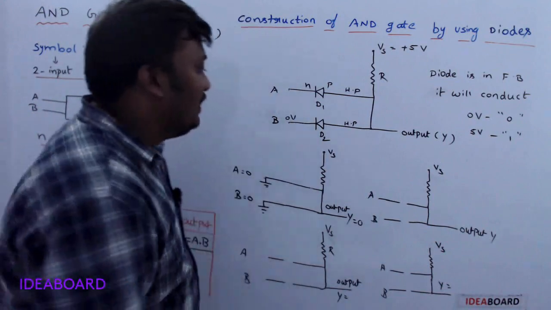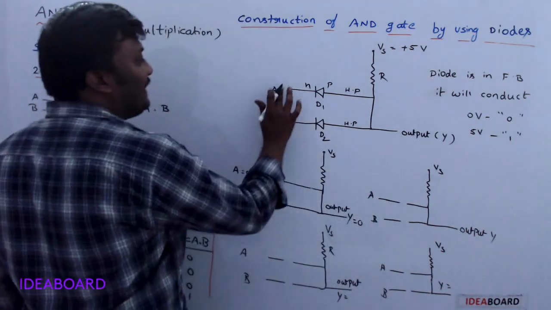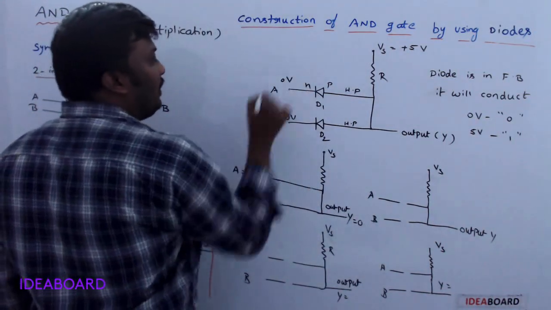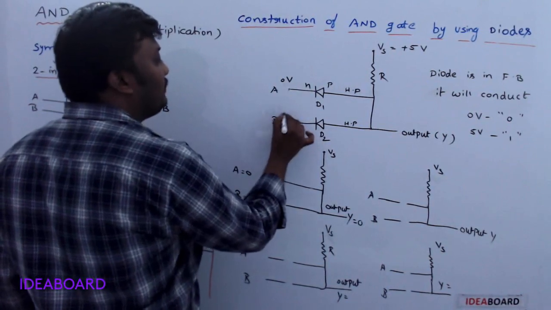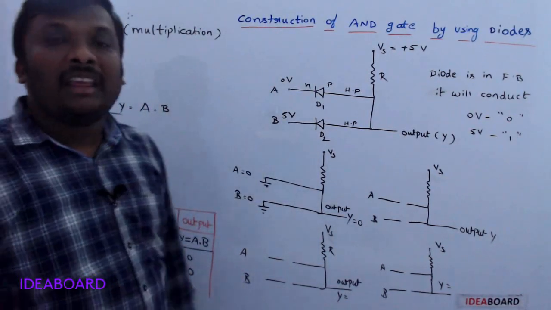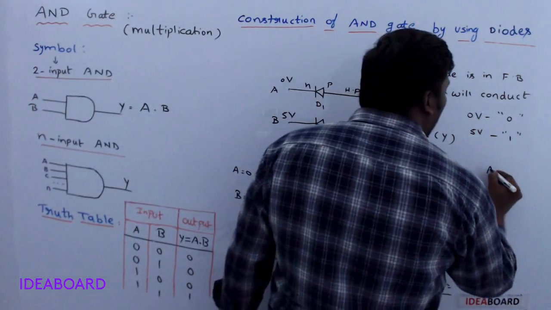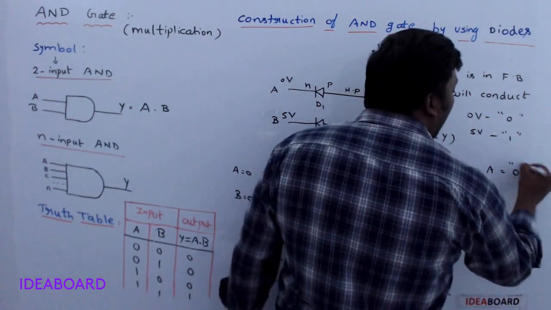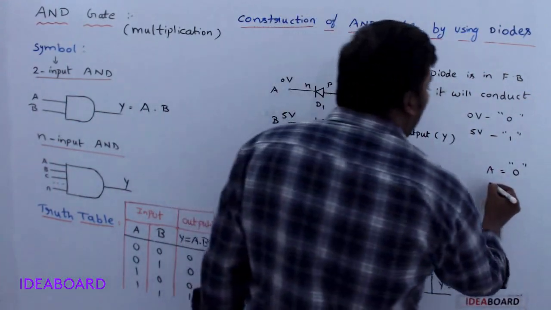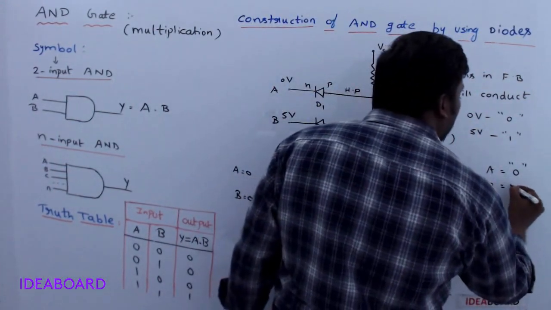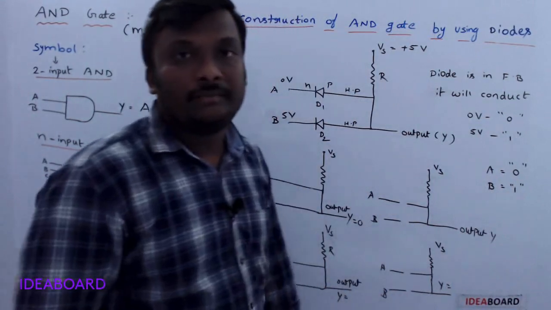Clear? Now the second one: A is at 0 volt, B is at 5 volts. What is the meaning? A at 0 volt means the binary value is 0, B at 5 volts means the binary value is 1.